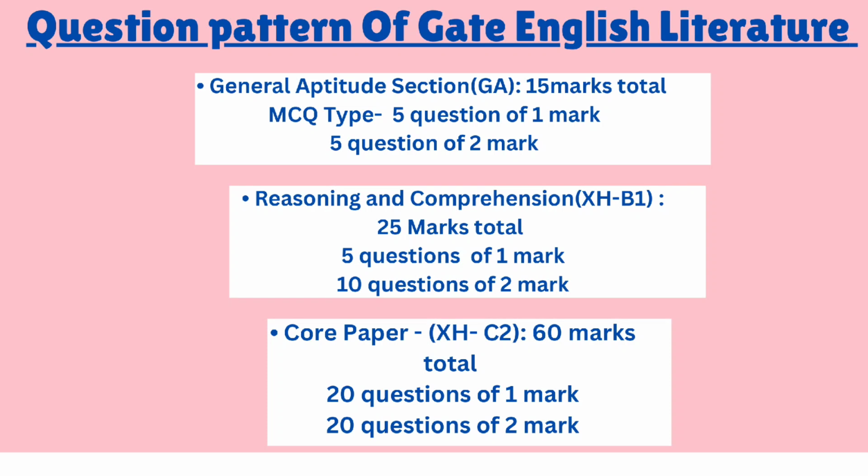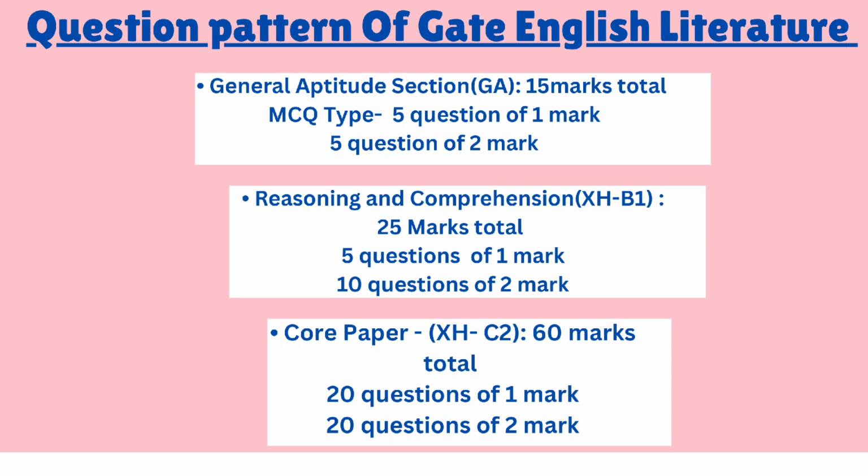For our English literature subject, the core paper is denoted by XHC2, which is of 60 marks in total. So 20 questions will be of 1 mark and 20 questions will be of 2 marks. In total it becomes 60 marks, and if you count all the marks in all 3 sections, it will be 100 marks.